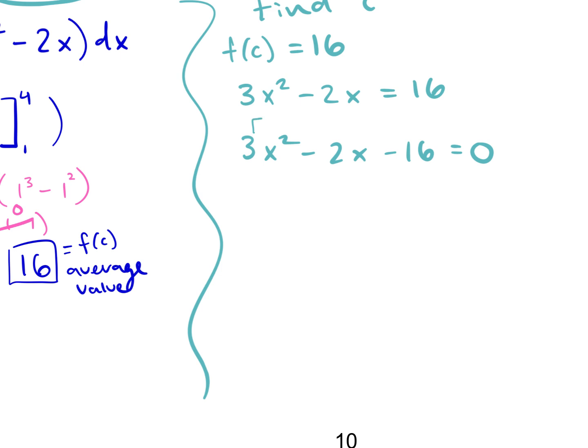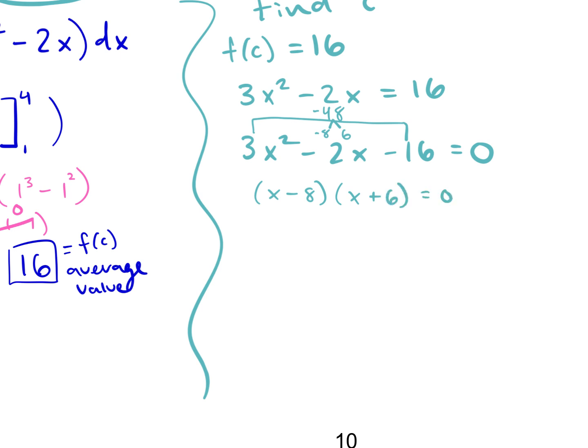To factor here, we can multiply our first times the last. So 3 times negative 16 would be negative 48. What are two factors of negative 48 that add to negative 2? Awesome. Negative 8 and 6. So we have x minus 8 and x plus 6.